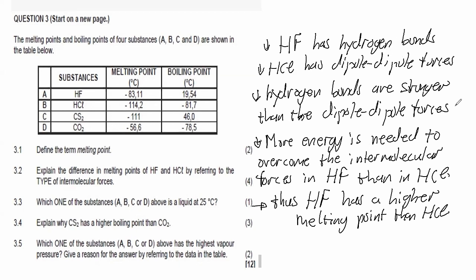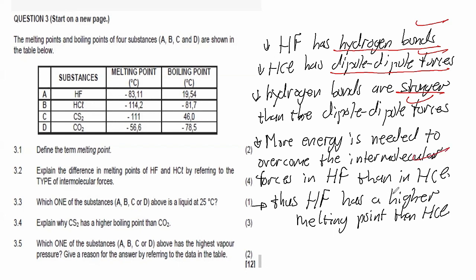So number one, we have identified the type of intermolecular forces. We said HF has hydrogen bonds, it's a mark. We said HCl has dipole forces, it's a mark. We said hydrogen bonds are stronger than the dipole forces, it's a mark. And then we concluded on the energy. More energy is needed to overcome the intermolecular forces in HF than in HCl.